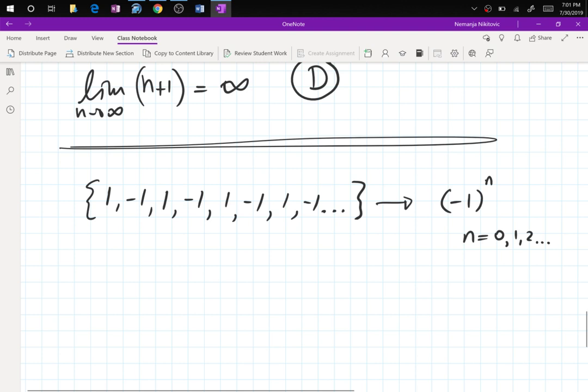Why? Just tell it. Don't use common sense. No, yes. It diverges because -1 to infinity is -1. Yes, it's two numbers at the same time.